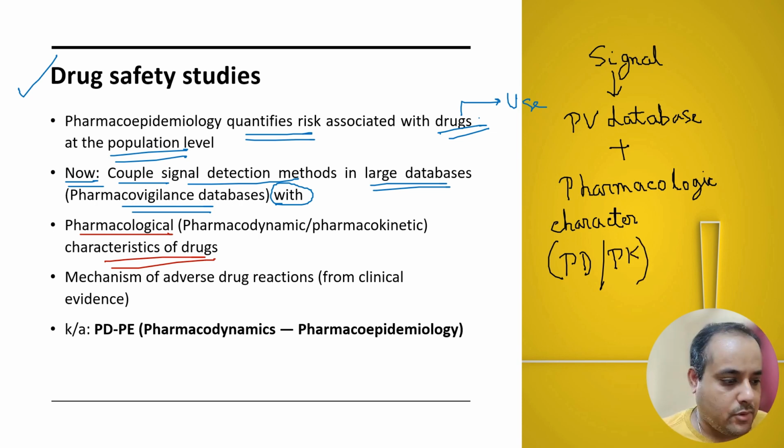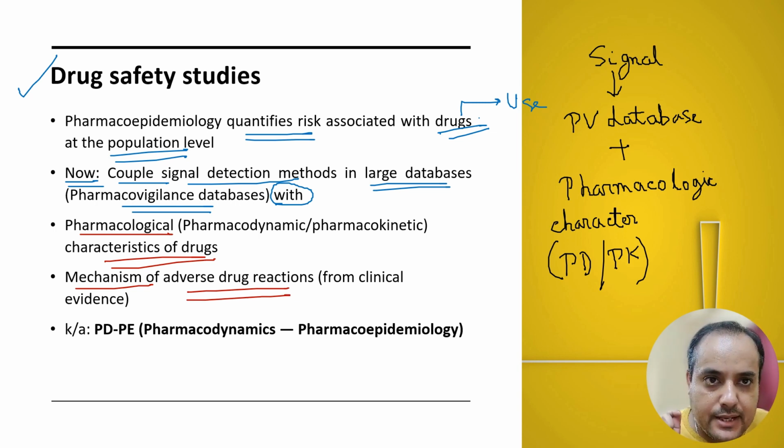Now, why is it important? It is important because if we couple the signal generated from the pharmacovigilance database with the pharmacologic character of the drug, we can know the mechanism of the adverse drug reactions.